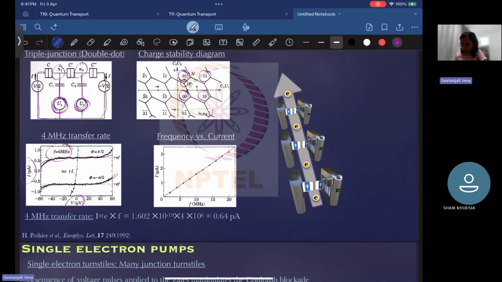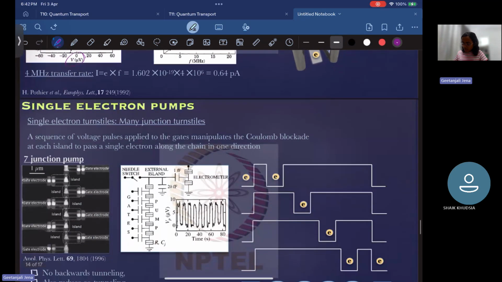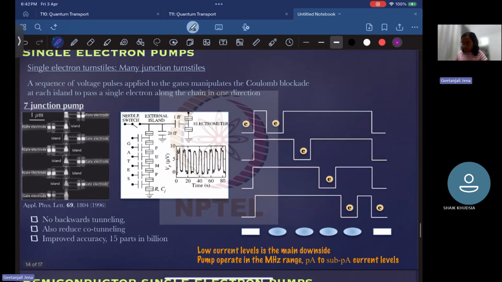If you change the voltage, then the current direction changes. The relation between frequency and current is linear, I equals ef. Now let us see the issues with this metallic electron pump.